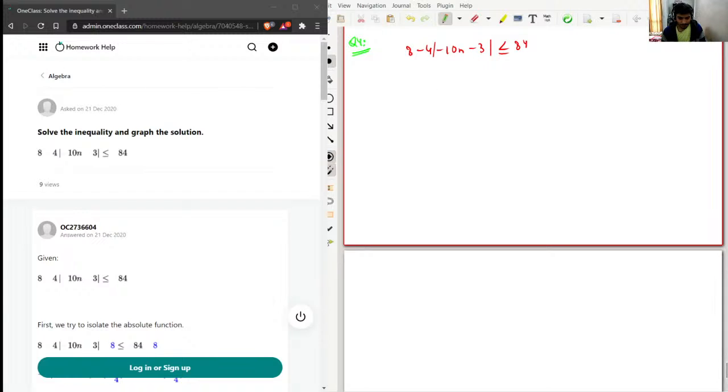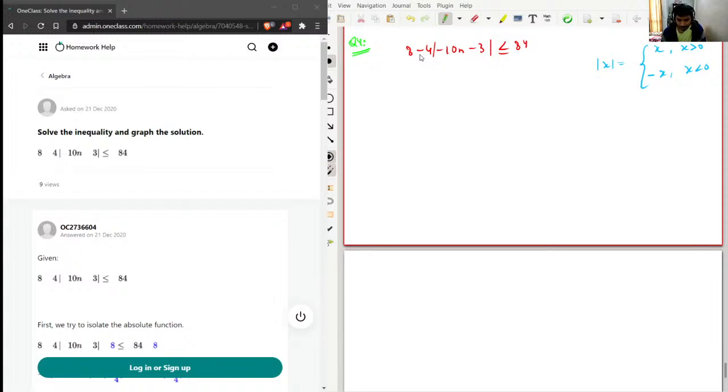When we have the magnitude of x, then two values of x are defined. The magnitude of x is positive x if x is greater than 0, and it is negative of x when x is less than 0.